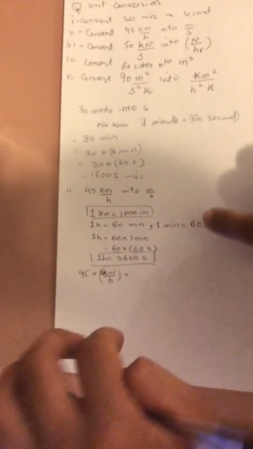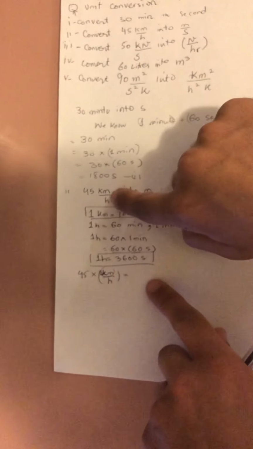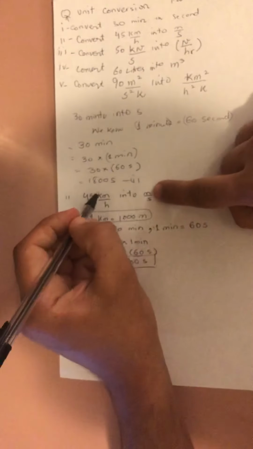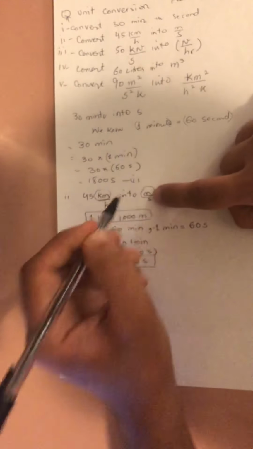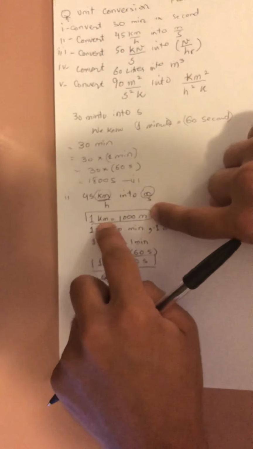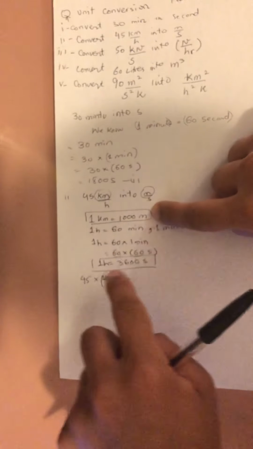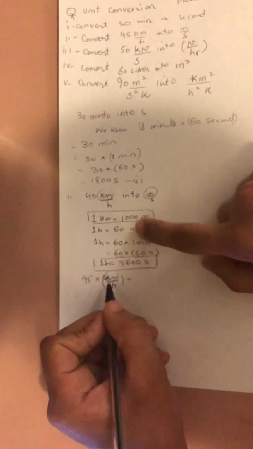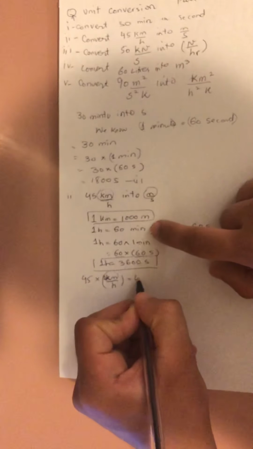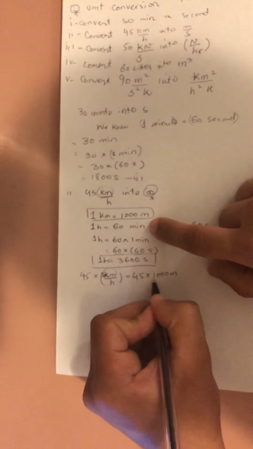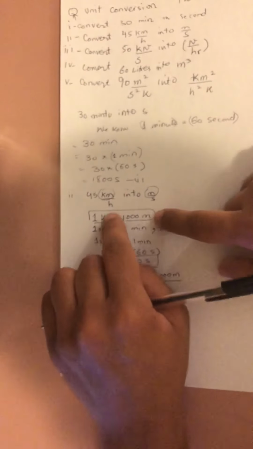So we substitute kilometers by 1000 meters, and you get 45 multiplied by 1000 meters divided by, now the hour has to be replaced by seconds.